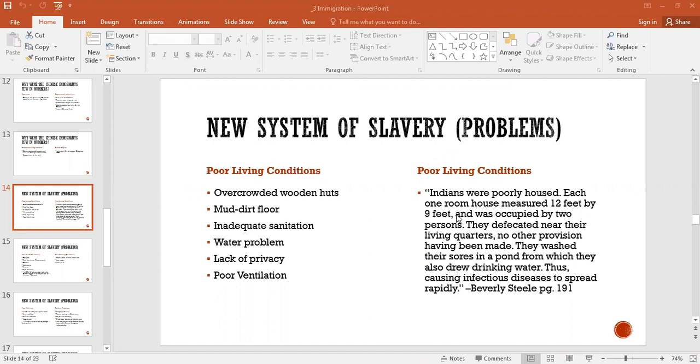They defecated near their living quarters. The same place where they washed is where they drew drinking water, and that is going to cause a lot of infectious diseases. So if we look at the problems here, one is poor living conditions, and if you want to show the examiner that you are bright, you could discuss Beverly Steele.